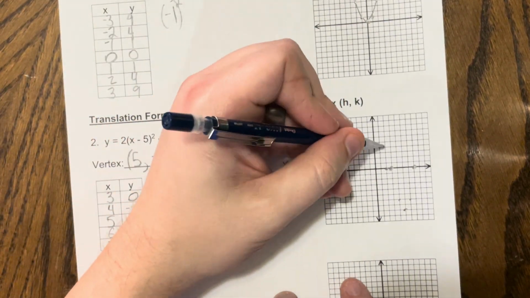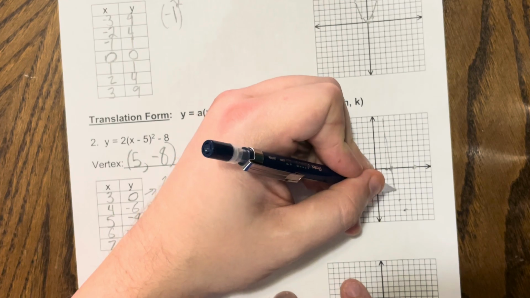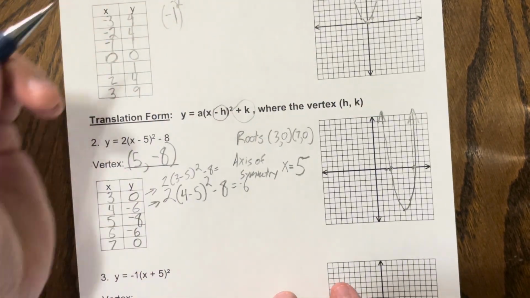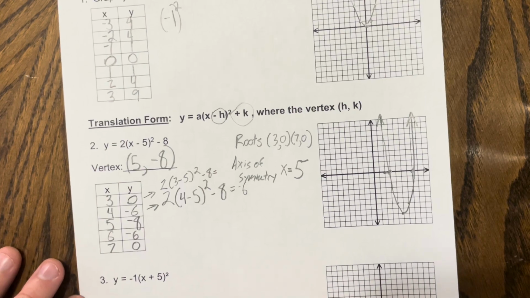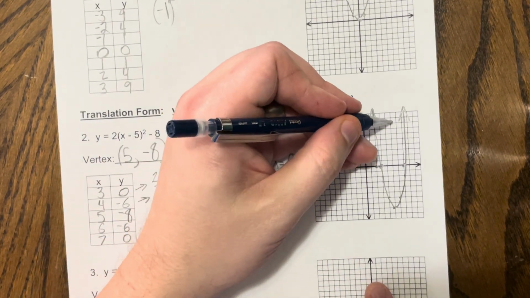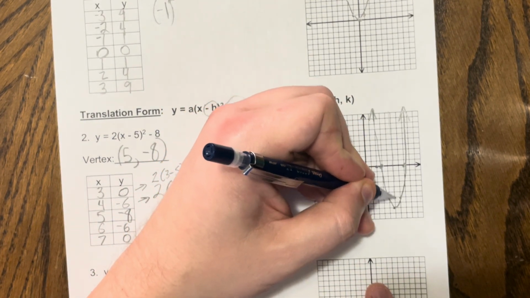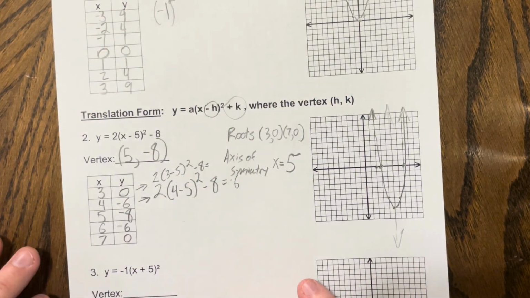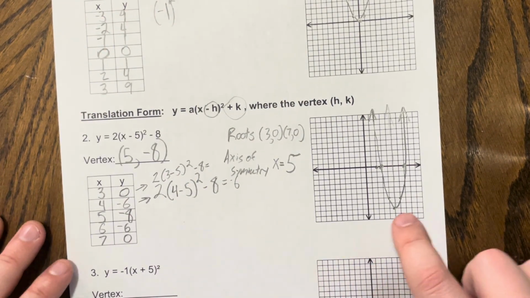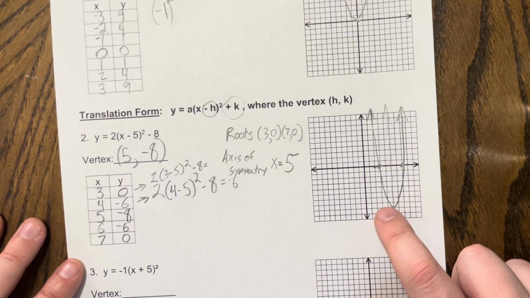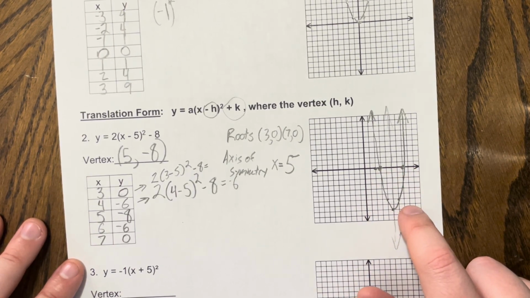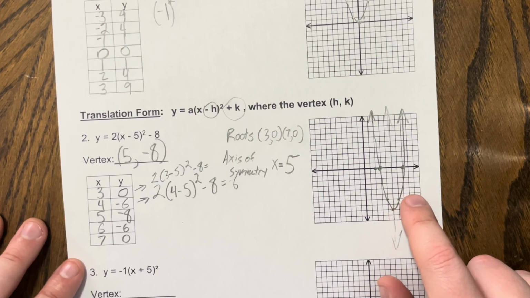There we go. So I end up with a skinnier parabola going up like that. Right where the vertex is, I can cut that in half, and I've got an axis of symmetry there. So if I find a couple points over here, I can mirror them to the other side and get the other side just like that.